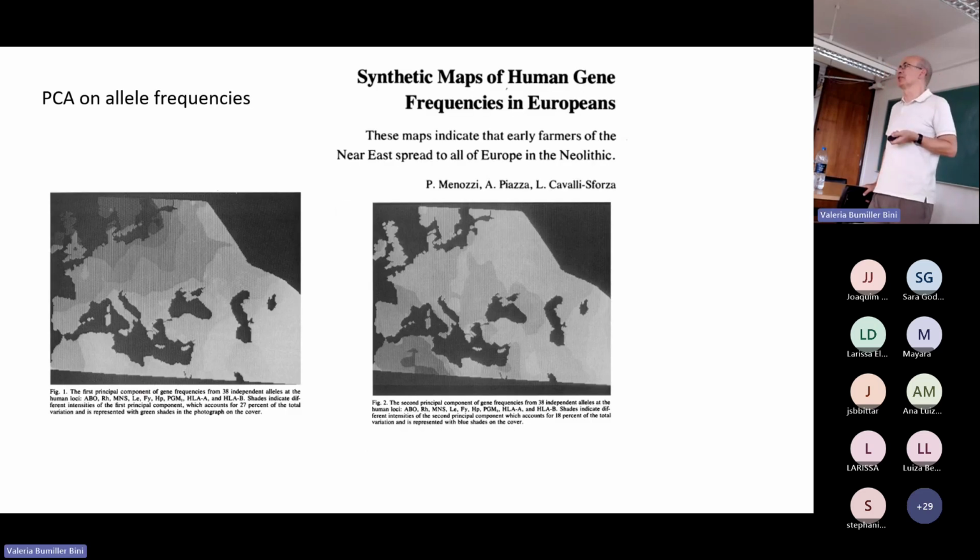So, what are our variables in population genetics? We can do this in two different ways. We can compare populations. Each dot will be a population, and the original variables would then be allele frequencies.